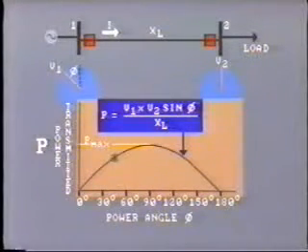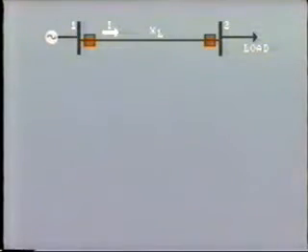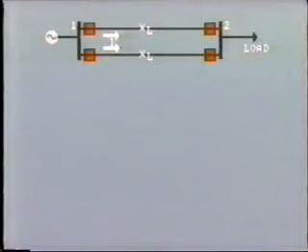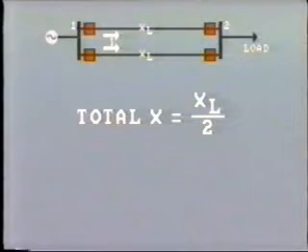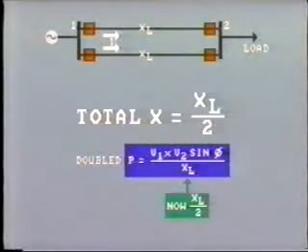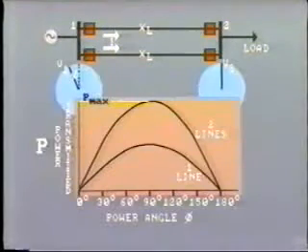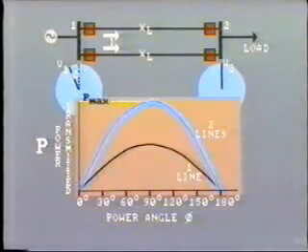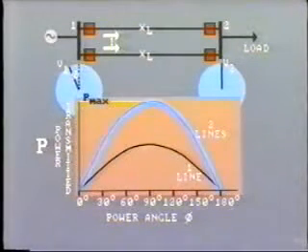What would be the situation if we had two identical transmission lines connected between the same buses instead of one? Now, the reactance between each end of the line is divided by 2, and therefore the transfer capability has been doubled for each particular angle of displacement. A new power angle curve can be drawn to represent this condition.